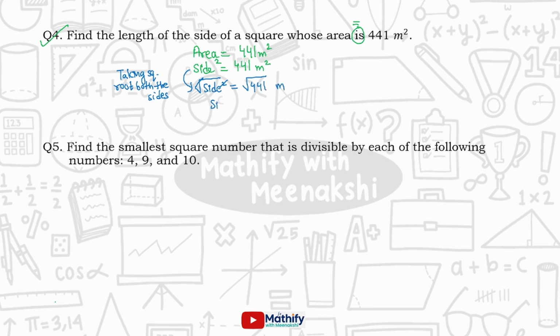That means your side is square root of 441, and we can find the square root using any method, but this time I will tell you long division, so that you know how we can do long division. First you will make pairs and you will always start from right and move towards left. Now I told you that you have to learn the table of squares. I will write that for you so that it will be easy to explain.